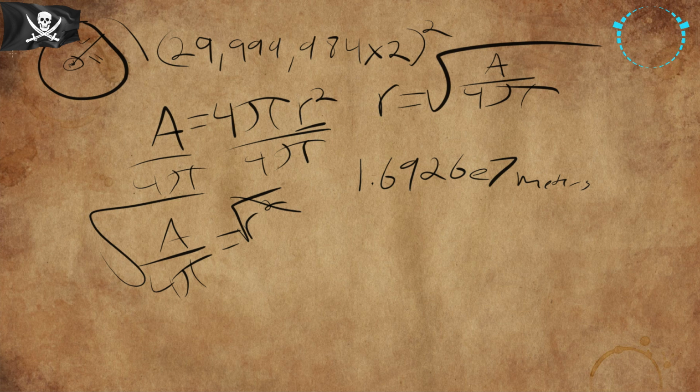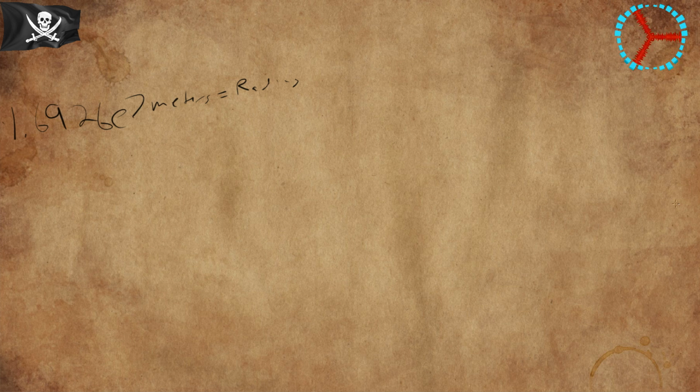We're going to write it: 1.6926E7 meters, radius. Okay, hide that. This is our radius for the circle here.